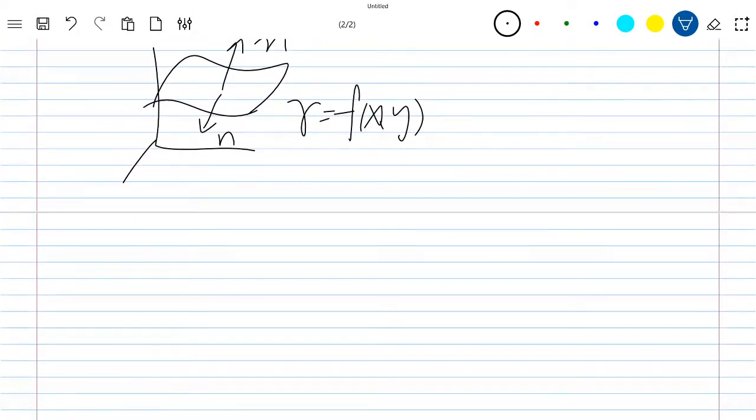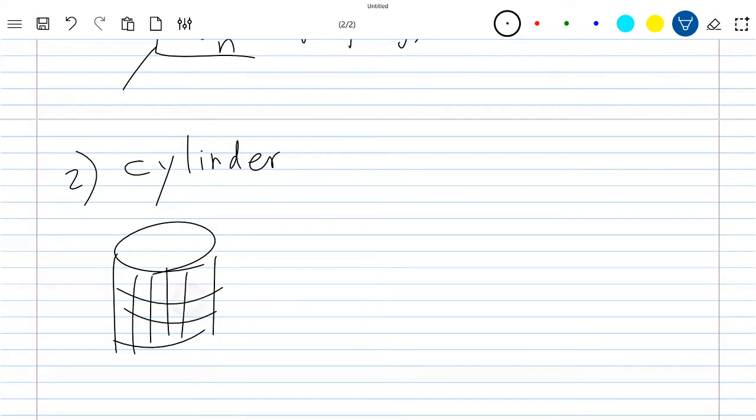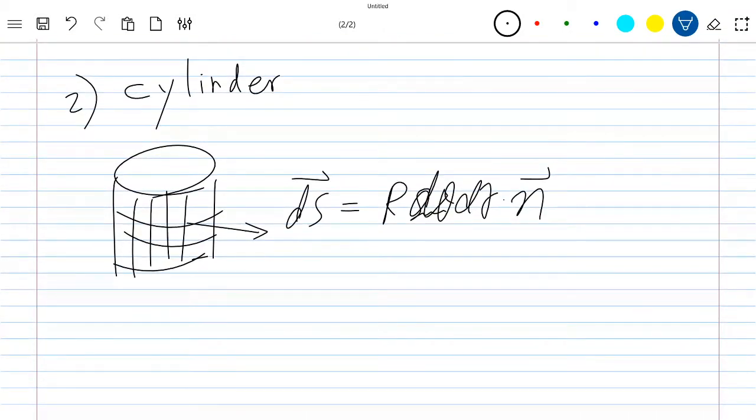Our second case, cylindrical. Let's say it's part of a cylinder, so it's like that. And then you have this outward direction. So this dS, if you remember, is r dθ dz times n, and this n is just a horizontal vector.